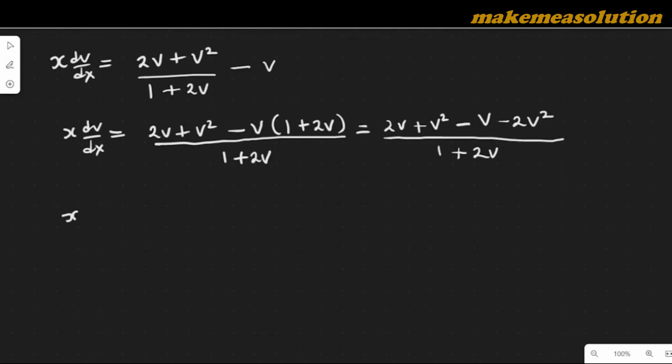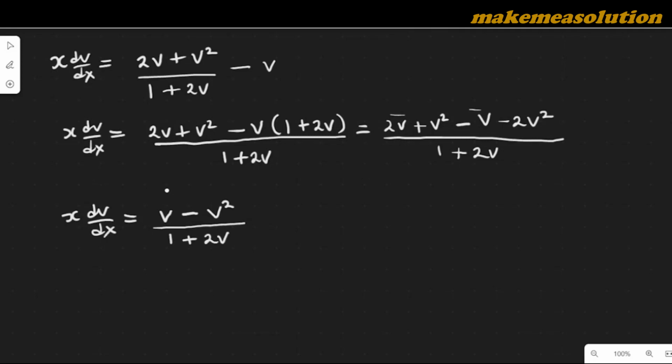So you have x dv/dx is going to be, so we have 2v minus v is going to give me v. Then we have v squared minus 2v squared, and that should give me a minus what? V squared itself. Then over 1 plus 2v.